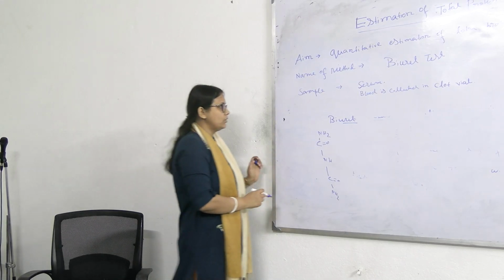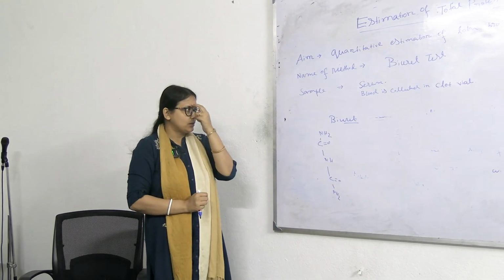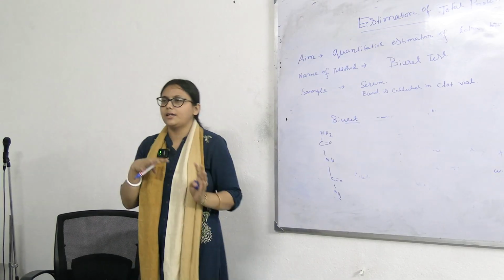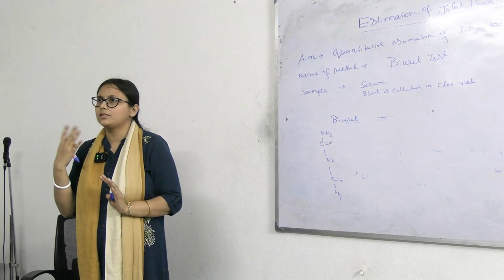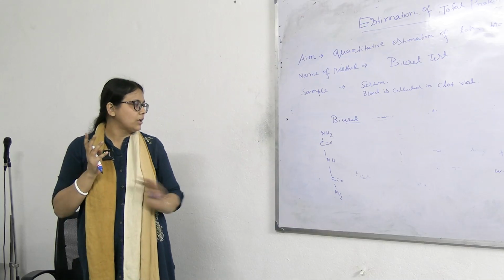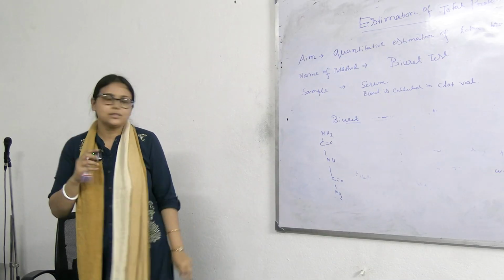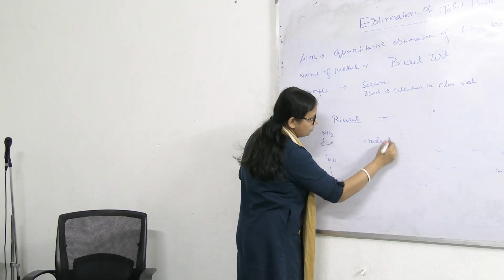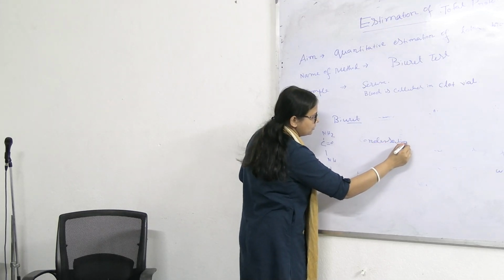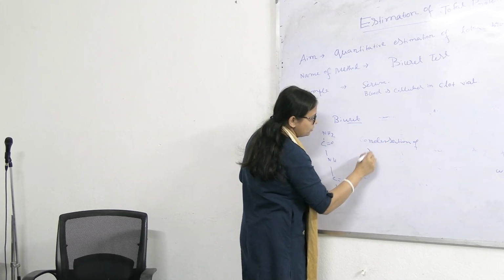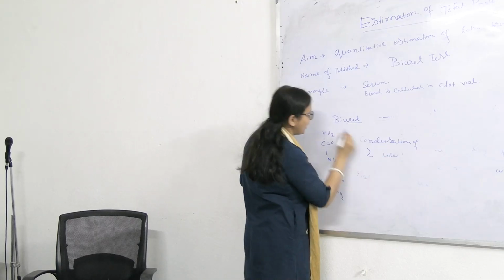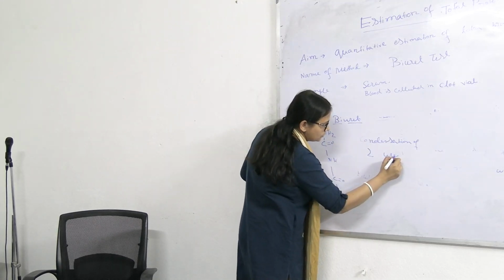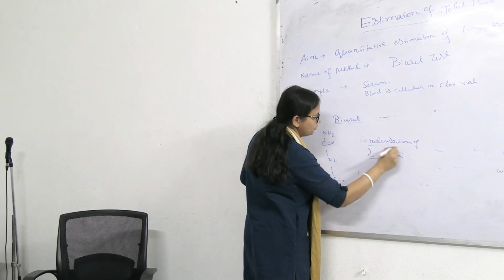In viva we often ask to name another product besides the peptide bond; you have to name biuret. It is a condensation of 2 urea molecules. Bi means 2, uret means urea.